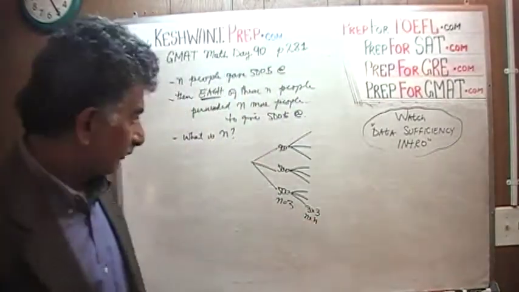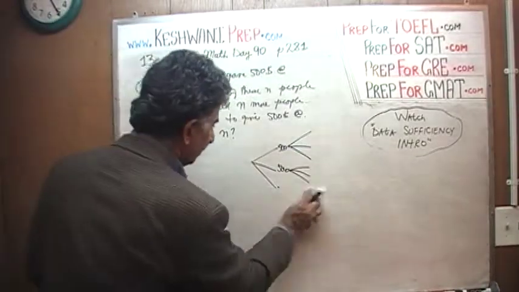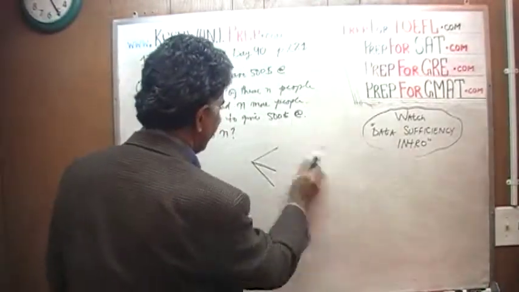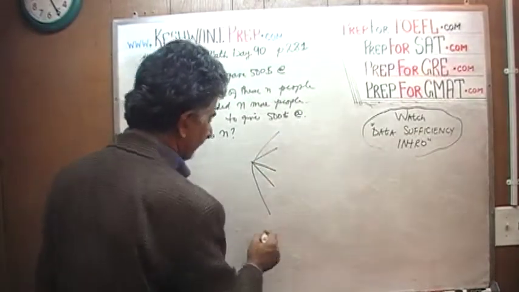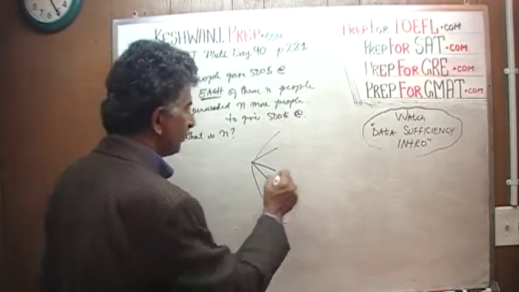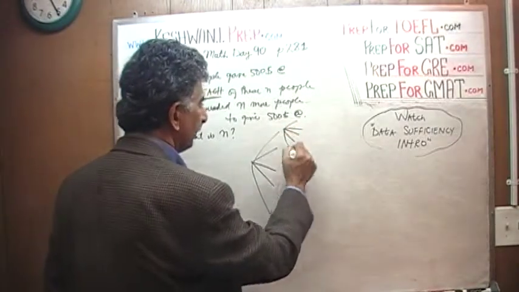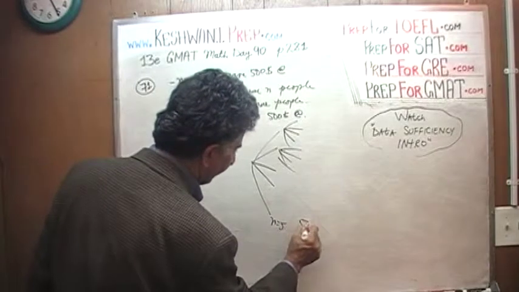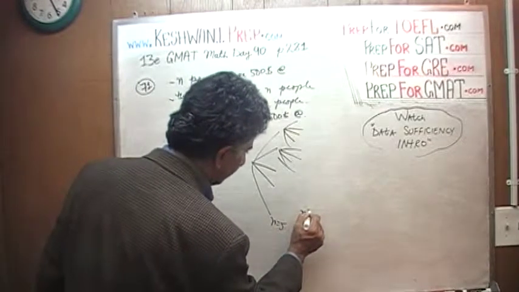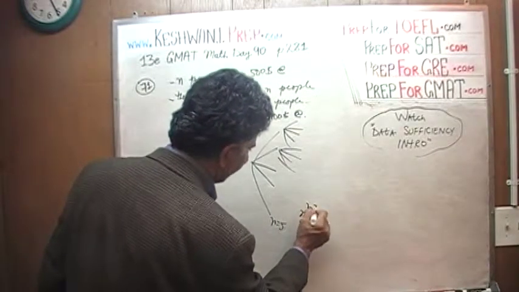If we had, instead of 3 people, 5 people, nothing would have changed. It still would have been the same. So N in this case equals 5, and each of these 5 people will persuade 5 more people. So here we'll have 5 times 5, or N times N, or N squared.